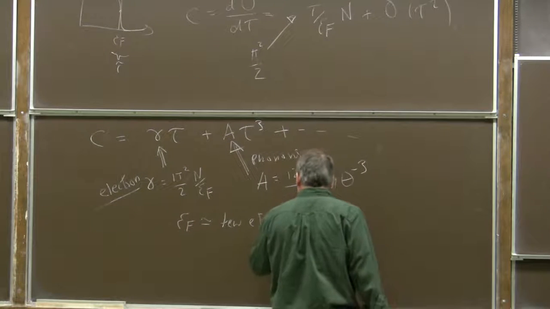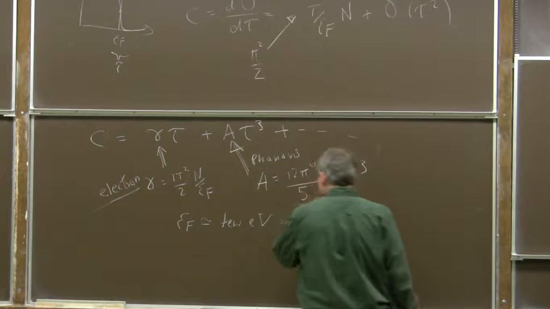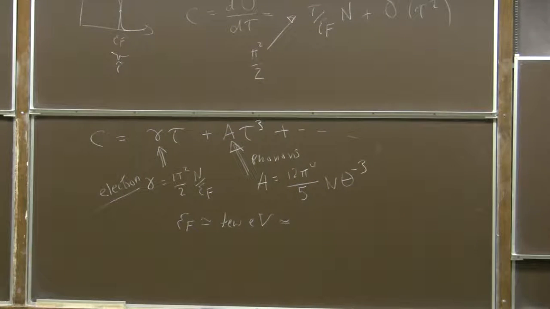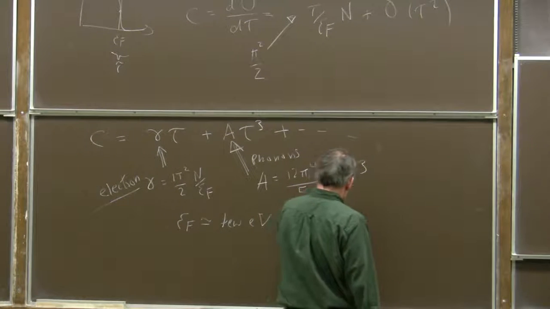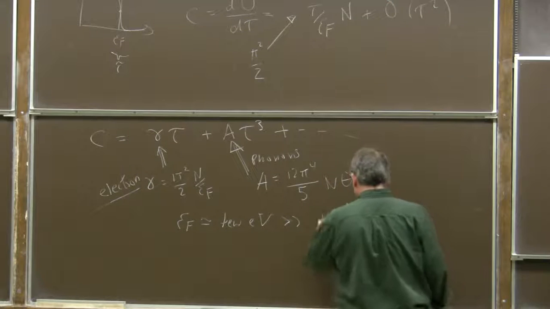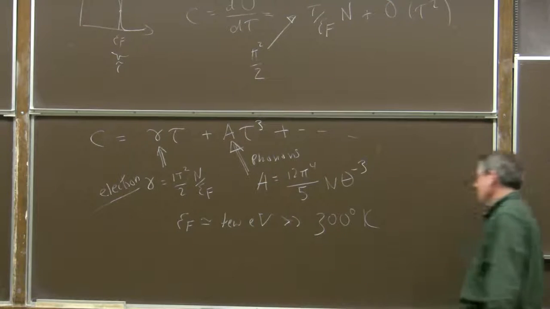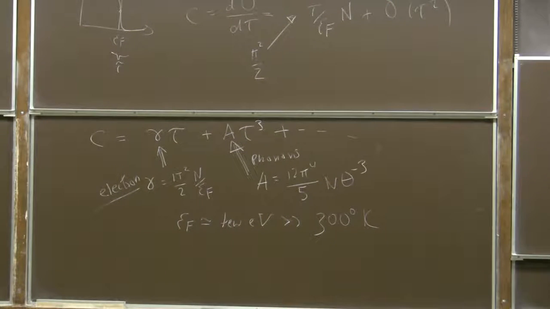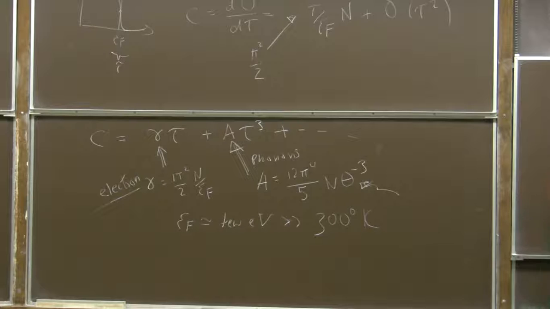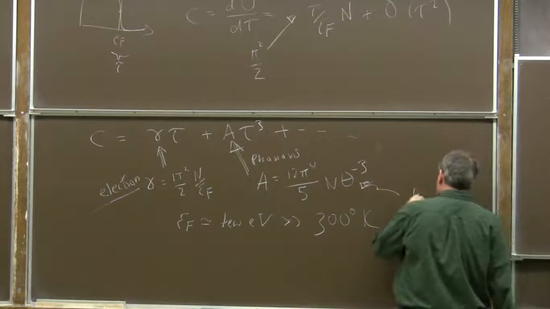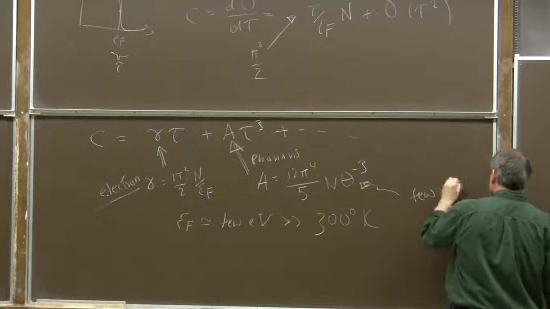And so that's a pretty big temperature compared to room temperature. An electron volt is about 10,000 degrees K, compared to room temperature, which is about 300 degrees. And a typical value of the Debye temperature is some number of order 1 times 100 degrees.